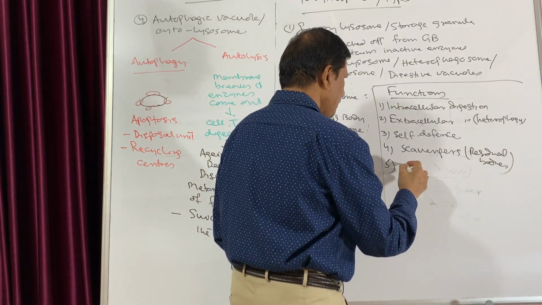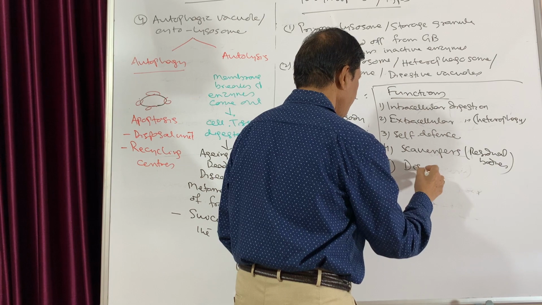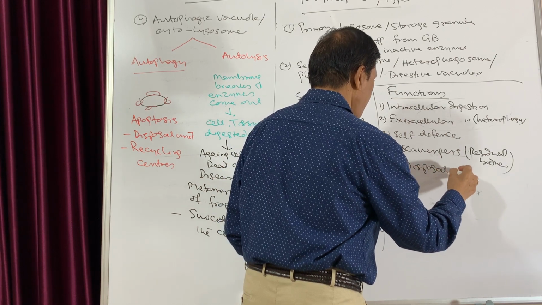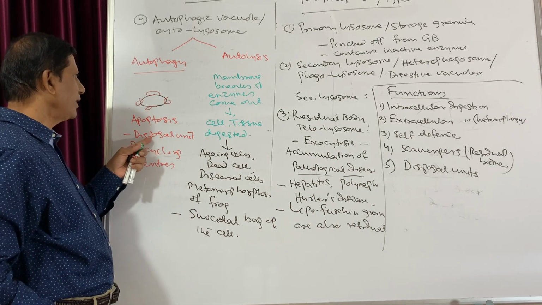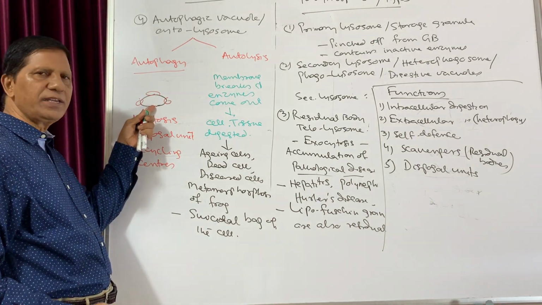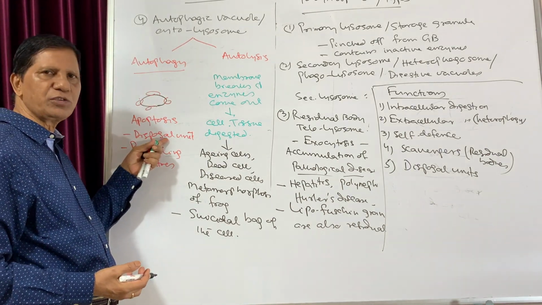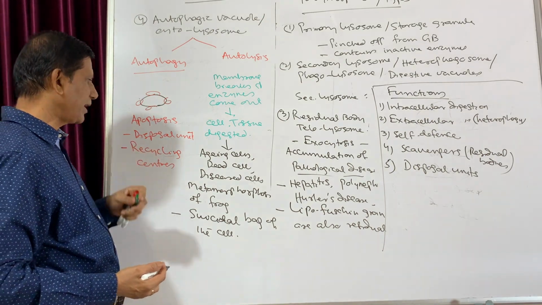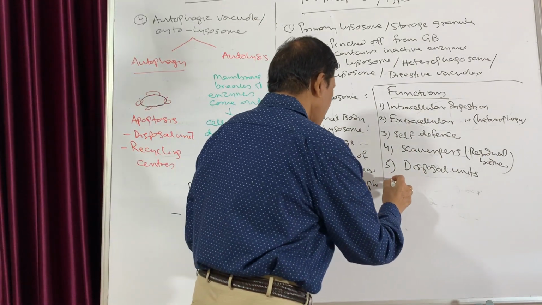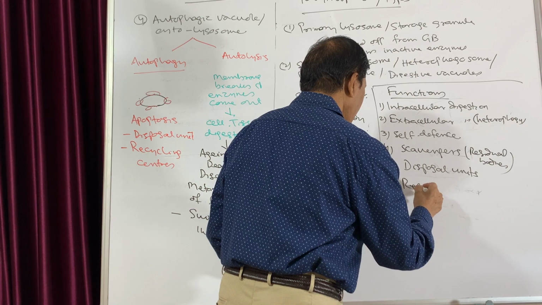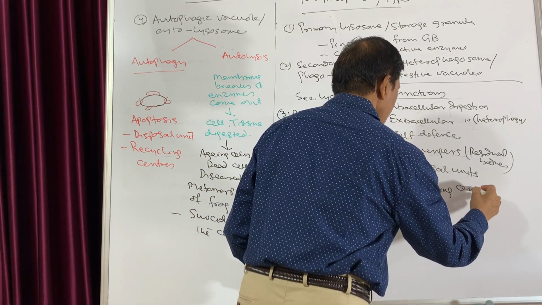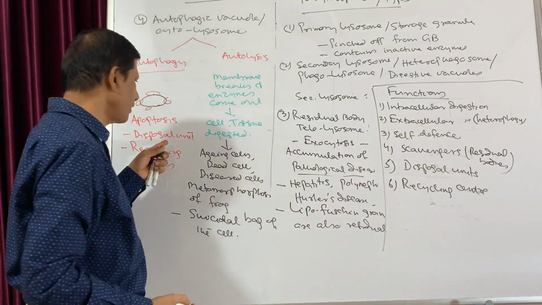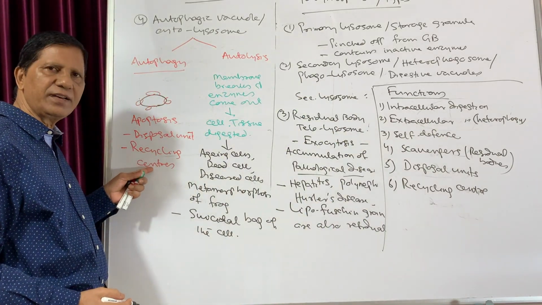Then they act as disposal units, because here we have seen that the extra or surplus organelles are digested and disposed of. They also work as recycling centers, because the disposed materials can be recycled again.